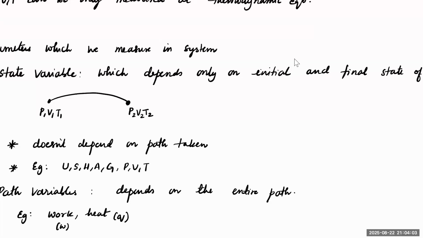So pressure, volume, temperature, if originally it was at, let's say, a state A, and from state A now it has reached state B, then we are not worried about by what path it has come from A to B. Then we say these parameters which are independent of the path taken, those are called state variables.